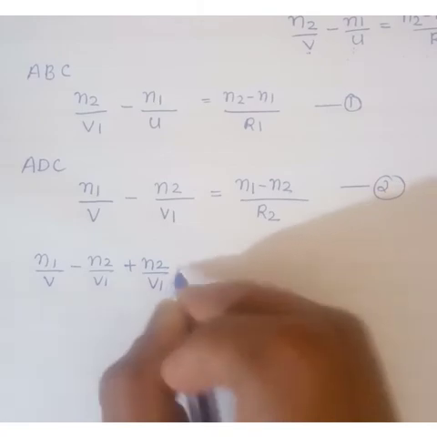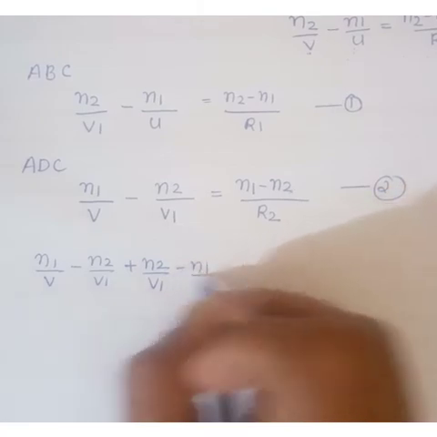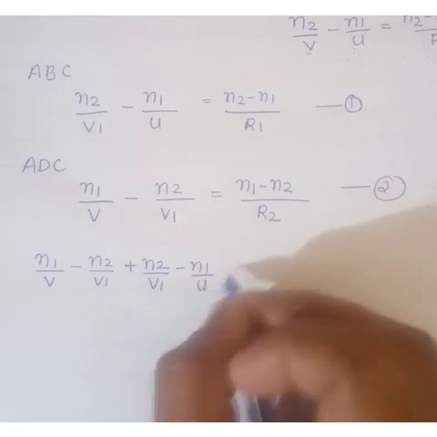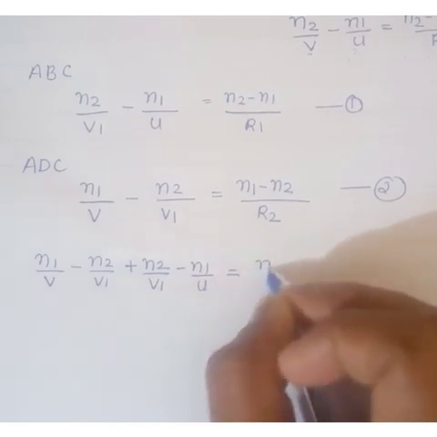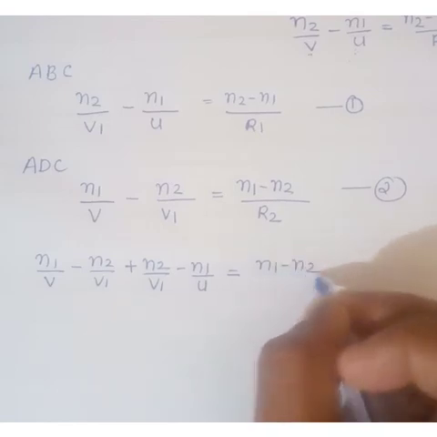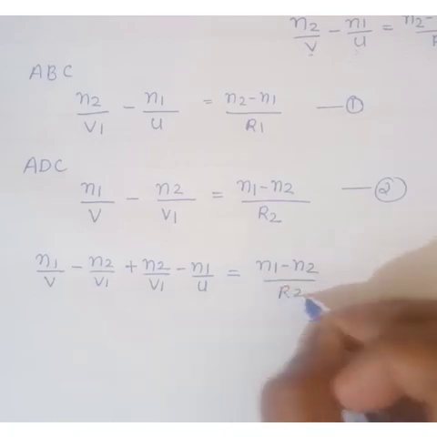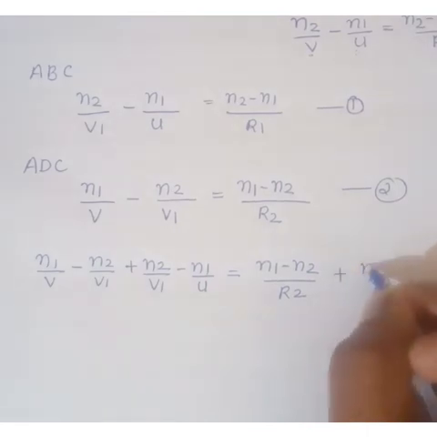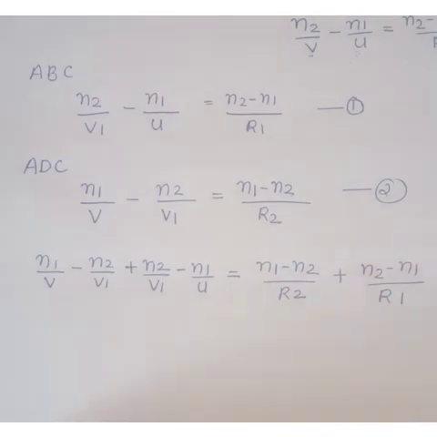The next step is to add equations 1 and 2. Adding equations 1 and 2: N1 divided by V minus N2 divided by V1 plus N2 divided by V1 minus N1 by U is equal to N1 minus N2 by R2 plus N2 minus N1 by R1.